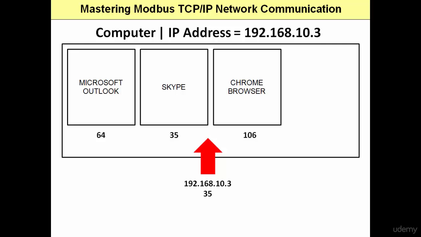The main thing is that you know these port numbers are very, very important, and we'll actually switch eventually to Modbus TCP/IP and look at how the port numbers are used for the Modbus application. All right, so we're going to do that next.